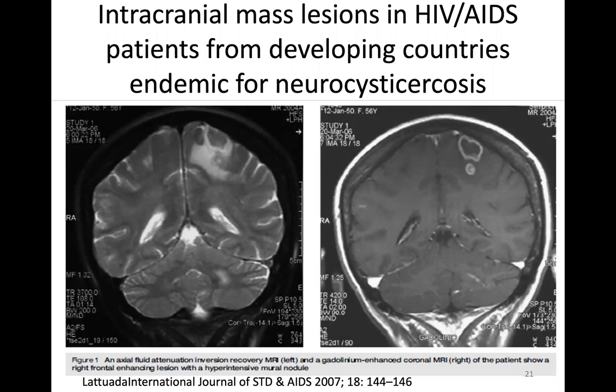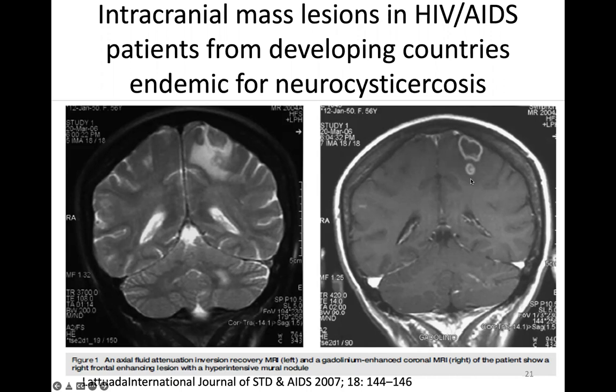And then later on, in the granular stage, the edema starts to decrease, but the enhancement is the one that will persist. So looking at these two, if they were taken at different stages, I will say the first one is showing the colloidal vesicular stage, where you see a lot of edema. And then later on, you don't see much of the edema, but you see much of the rim enhancement.